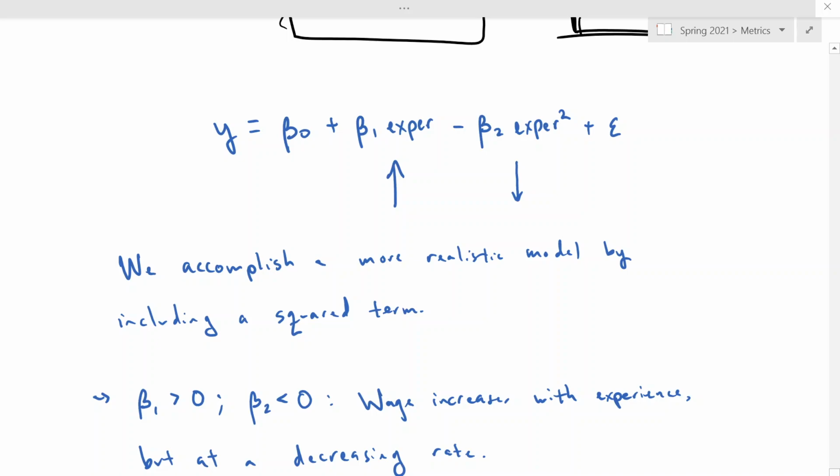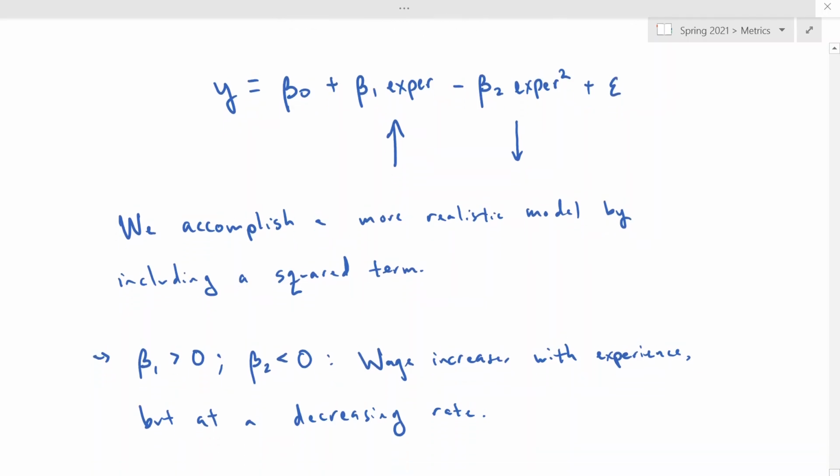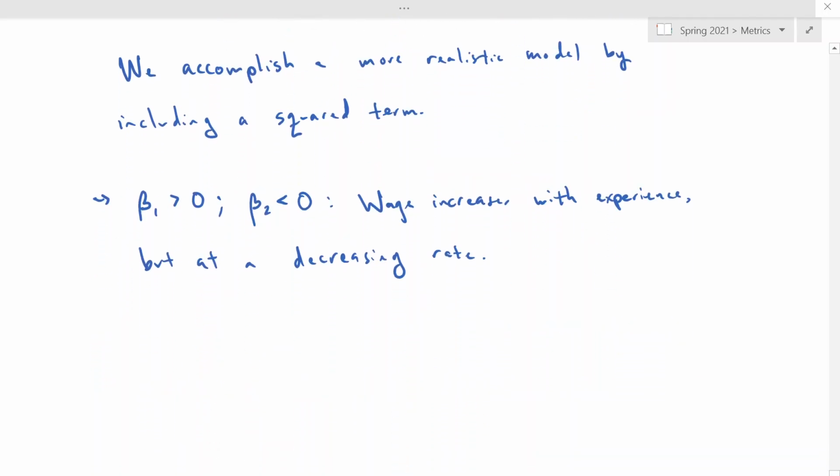Okay, so the other thing is that we have to be a little bit careful now about the interpretation of beta 1 and beta 2.